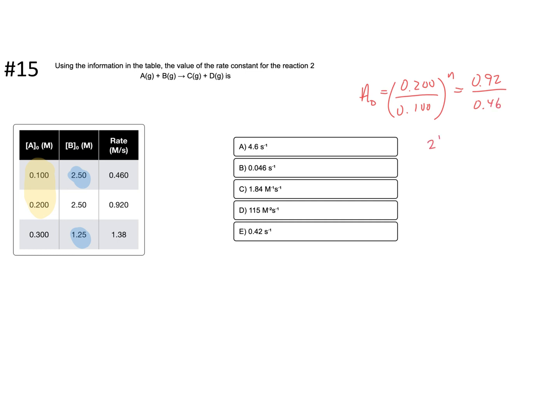Divide that, I get 2 to the n equals 2. So this is a first order relationship with respect to A.